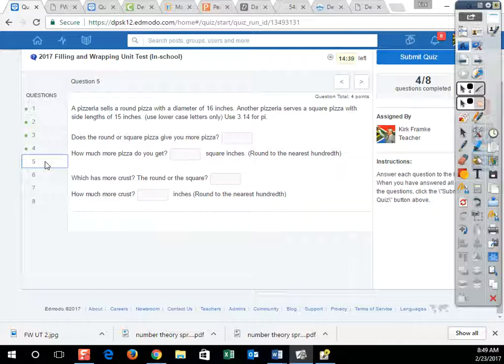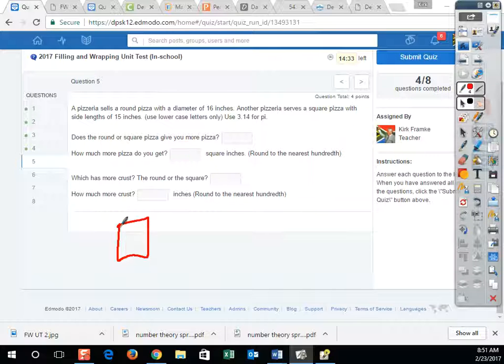So we have 2 different shapes. We have a square pizza, and we have a round pizza.